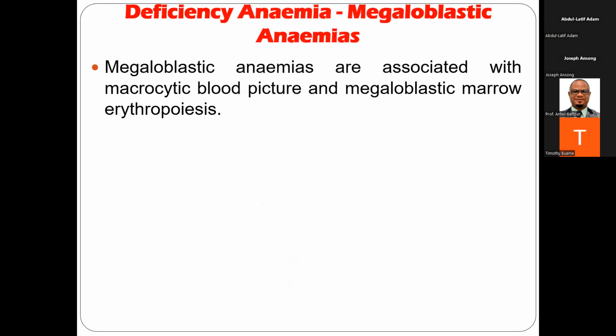So the number one situation is megaloblastic anemia. Megaloblastic anemias are known to be associated with a macrocytic blood picture, that is red blood cells that are bigger, and megaloblasts, young, large red cells in the bone marrow during erythropoiesis.